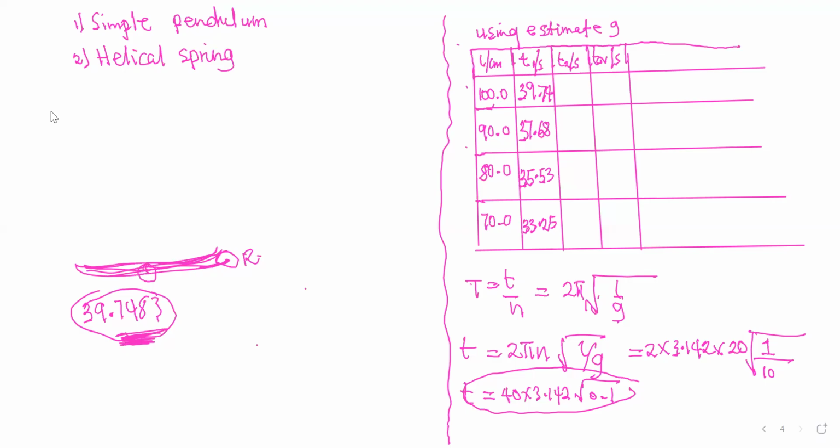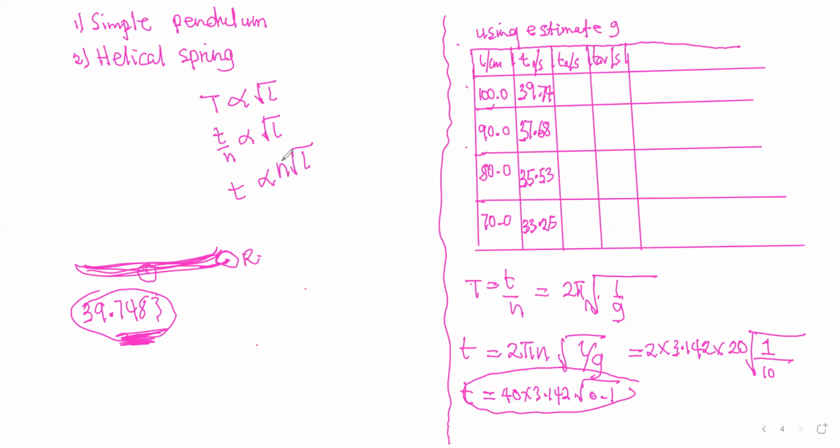You see, the period is directly proportional to the square root of the length. And period is also T over N. So it means that T over N is also directly proportional to root L. T is directly proportional to N times root L. Don't forget N is a constant, 20.